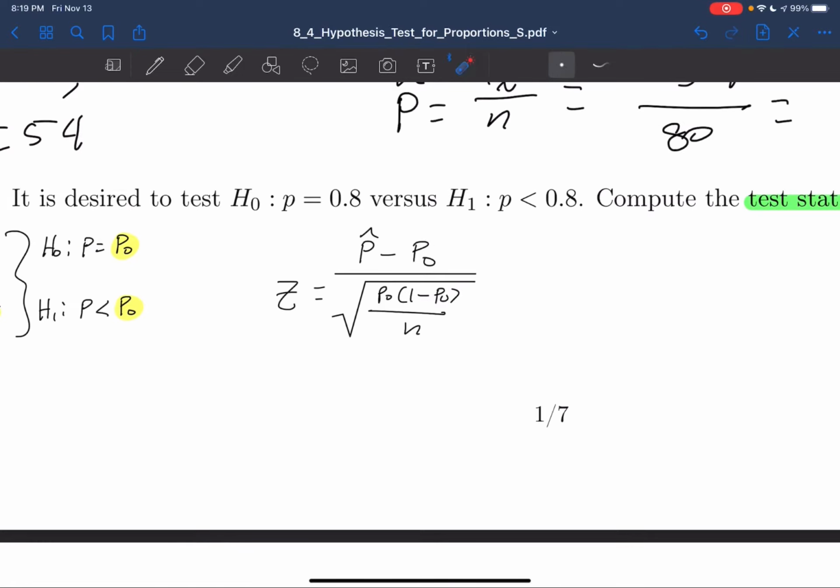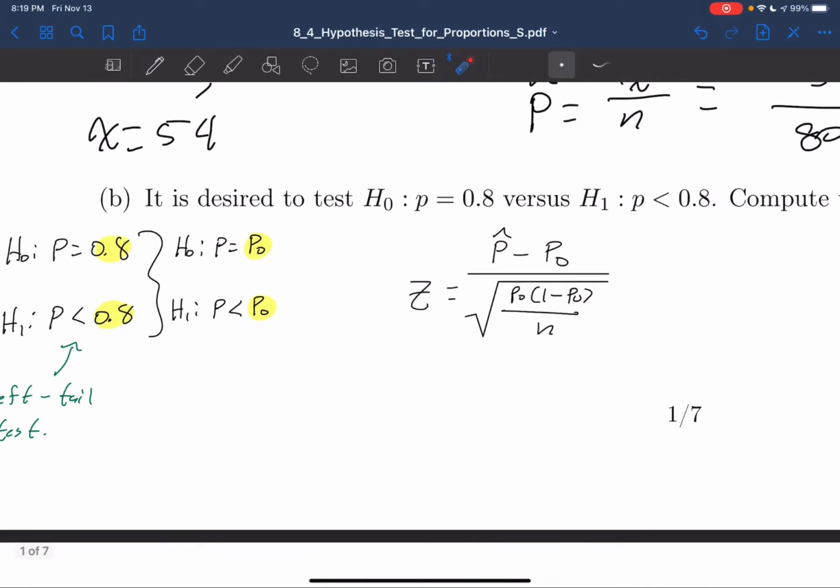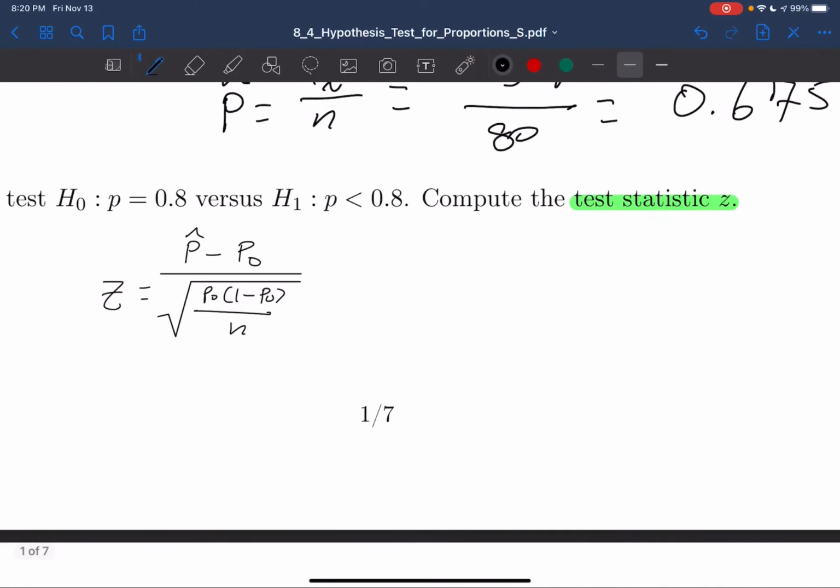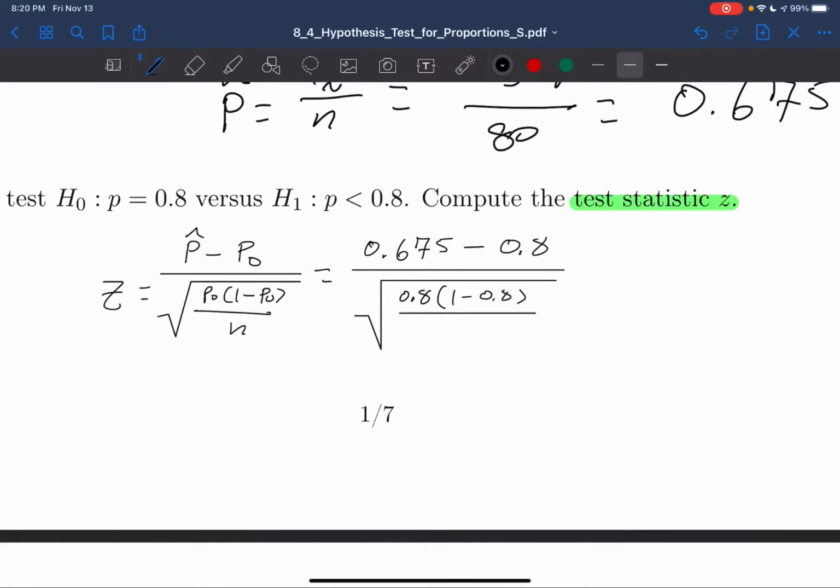Since we know all of these values, we can just plug them in and compute our test statistic z. This is equal to 0.675 minus 0.8 divided by the square root of 0.8 times 1 minus 0.8 divided by 80.